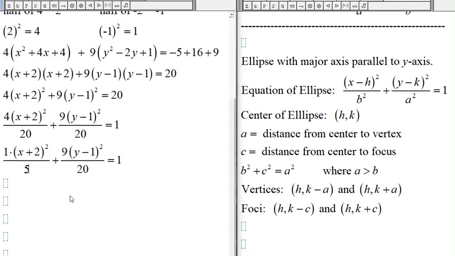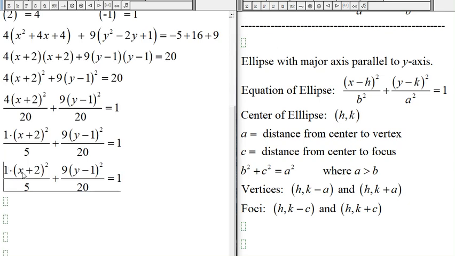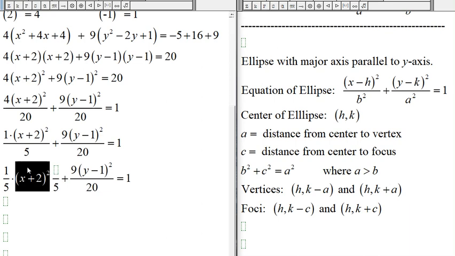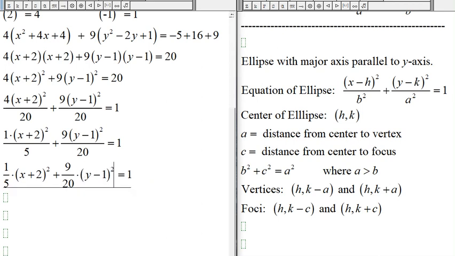This is the same as 1/5 times that. And this becomes 9/20 times this. So this is 1/5, and this is 9/20.